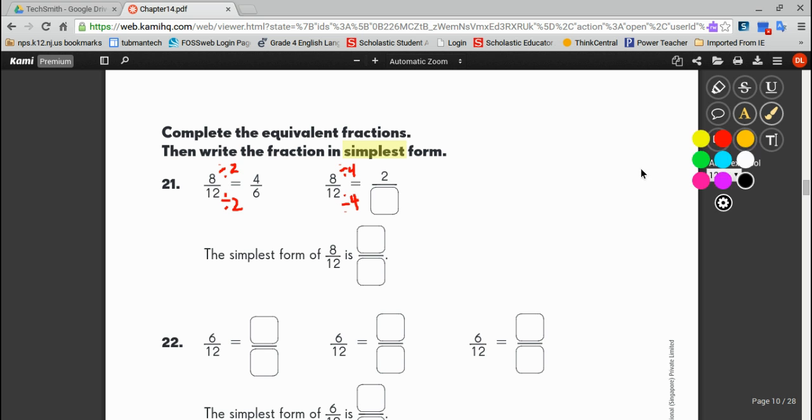So 12 divided by 4 is 3. Here you can see that 2/3 is lower than 4 over 6. Even though they're the same fraction, remember they're equivalent fractions, 2/3 is the lowest term or simplest form of 4/6. So the simplest form is 2 over 3.